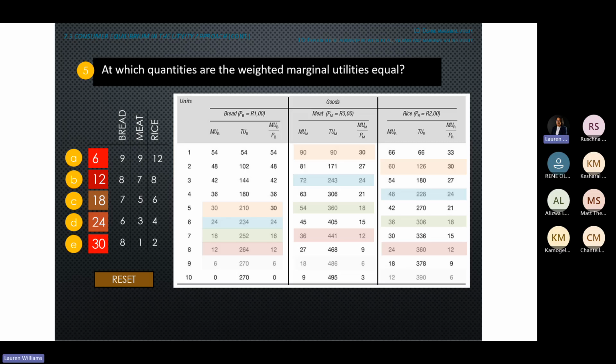We're getting closer. And then there's the 30. There's 5 units of bread, 1 unit of meat and 2 units of rice. That seems like a better option. Because 5 units of bread will cost 5 rand, plus the 3 rand for the 1 unit of meat, and then the 4 rand will give you 2 units of rice.